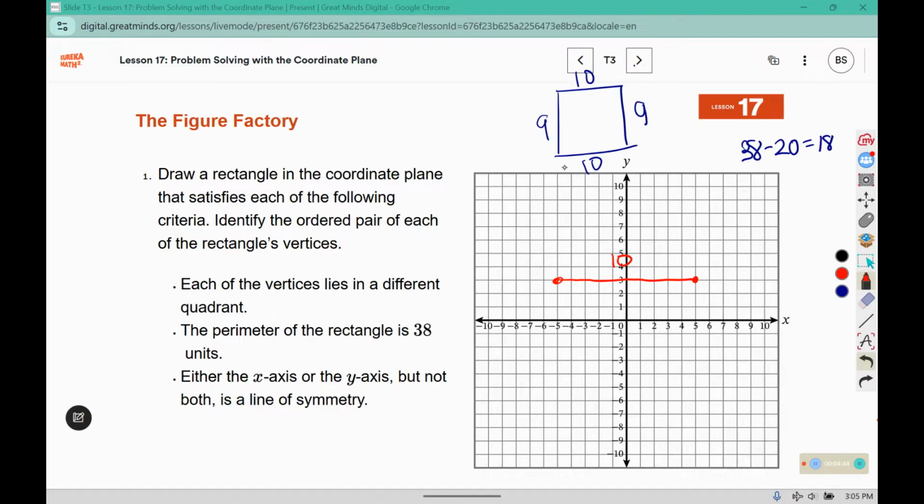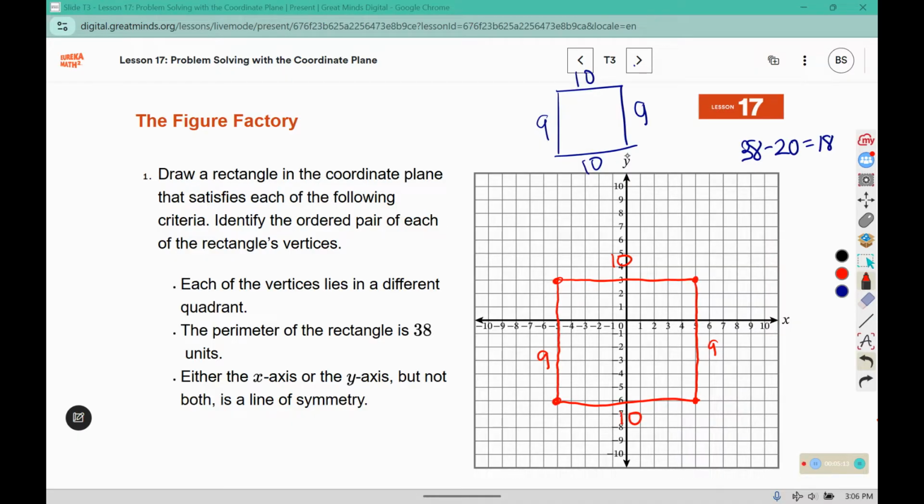Now we need to go 9 down so that we end up in all the different quadrants. 1, 2, 3, 4, 5, 6, 7, 8, 9, and 9 down from here. 1, 2, 3, 4, 5, 6, 7, 8, 9. And then if we connect these, that would give us 10 there.